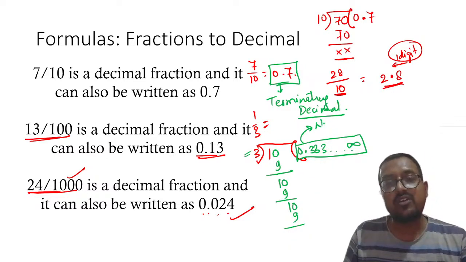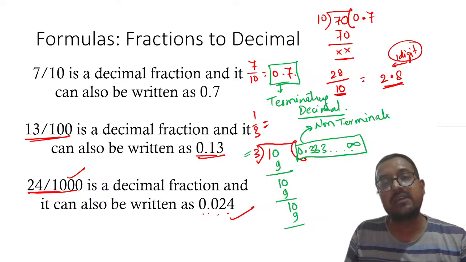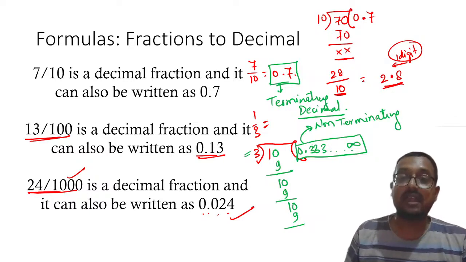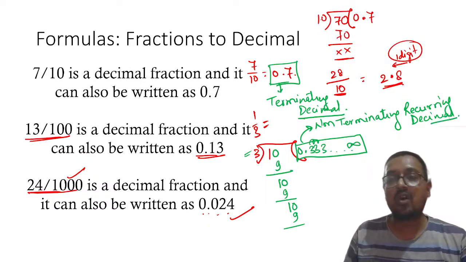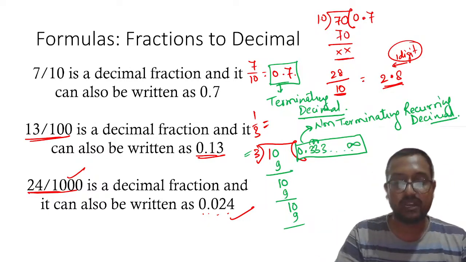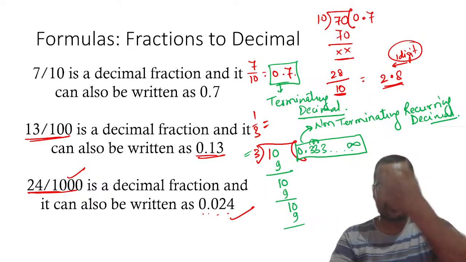So that is why we call it non-terminating but recurring decimal. Why? Because 3 is being repeated again and again. Can you all see that? Non-terminating, recurring decimal. Understood? Is it clear?